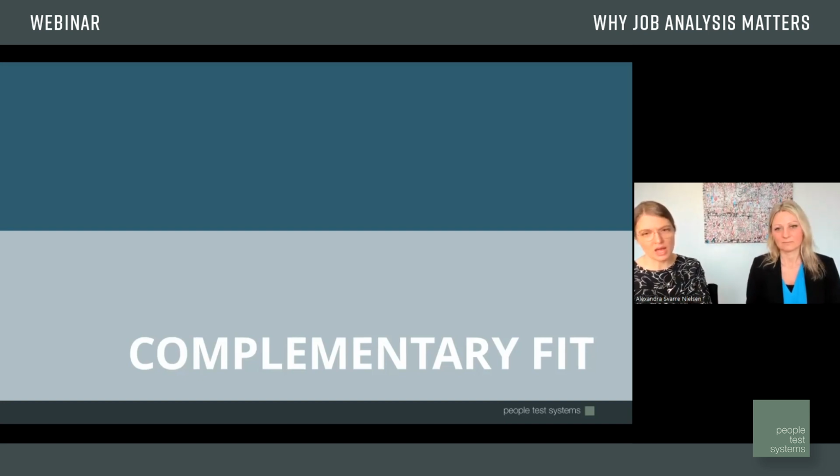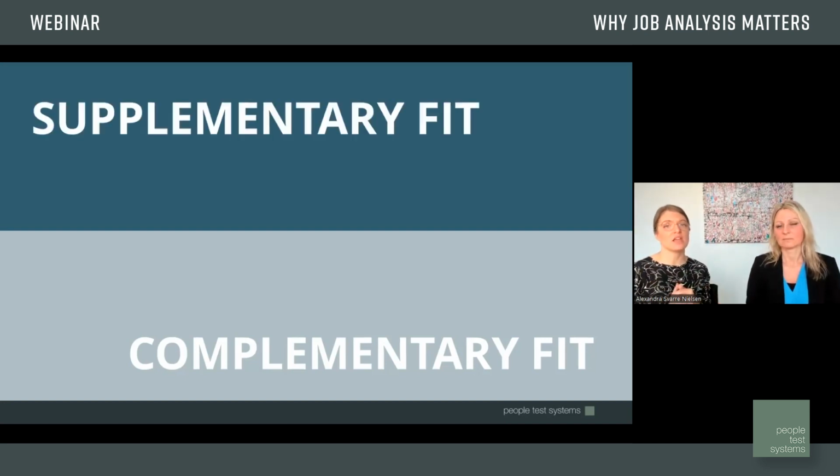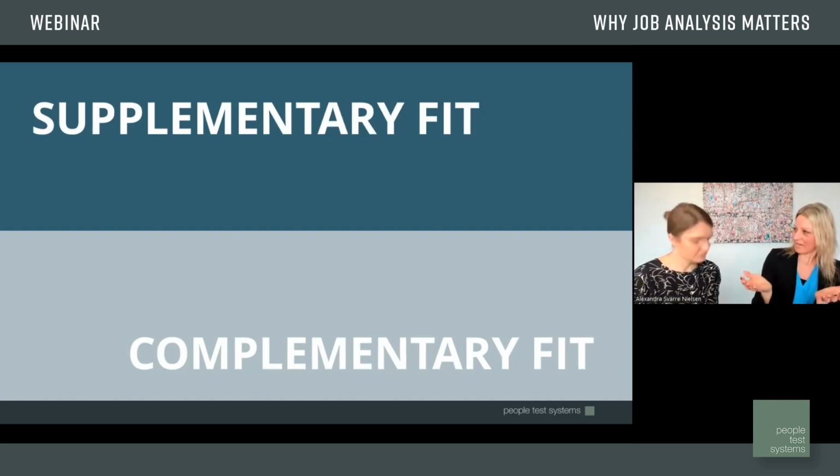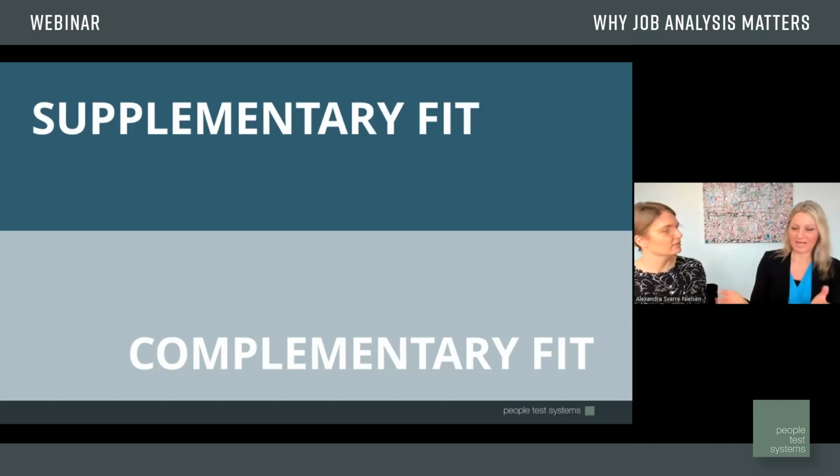And the most important part here in a job analysis is to figure out the balance of the two, to figure out where in the job we need something that is supplementary, and where in the job we need something that is complementary. And it can be different, and we'll have an example of that later. So really it's about more of the same or something new. Exactly. Yeah, exactly.